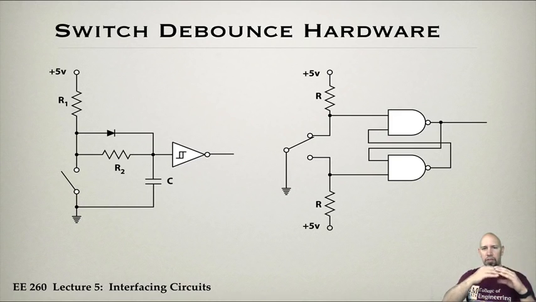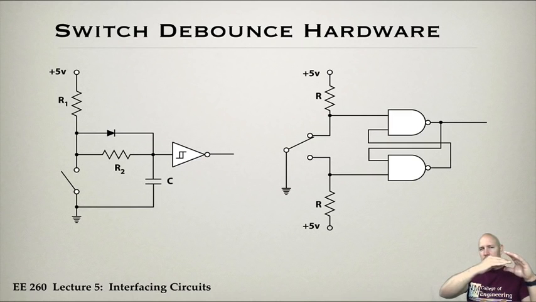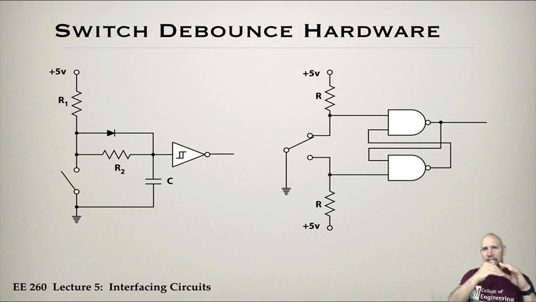In terms of a digital signal, that basically means that, let's say this is the side of the circuit we're attached to, we may be going 5 volts, then less than 5 volts, 5 volts, less than 5 volts, and so forth. As it bounces, this signal goes between 5 volts and something else. So if we're looking at a high to low transition, you might get several transitions occurring in a very short amount of time, where you really only wanted one transition.